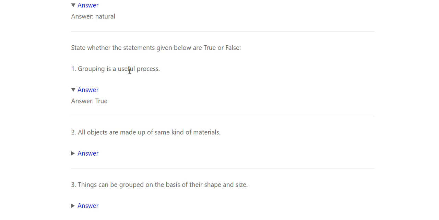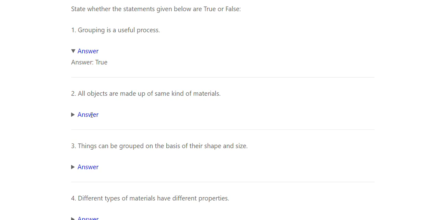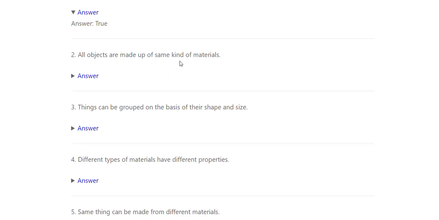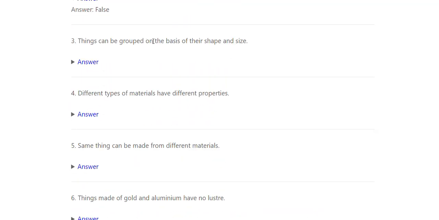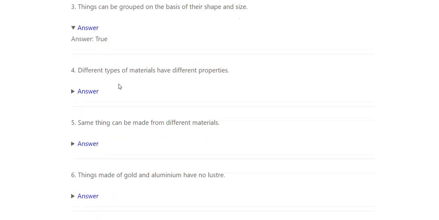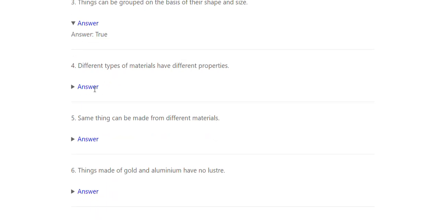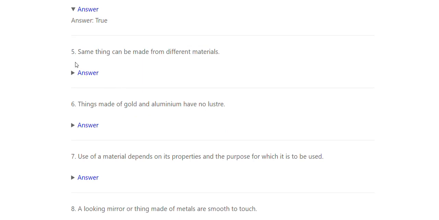Grouping is a successful process, true. All objects are made up of the same kind of materials, false. Things can be grouped on the basis of their shape and size, true. Different types of materials have different properties, true.